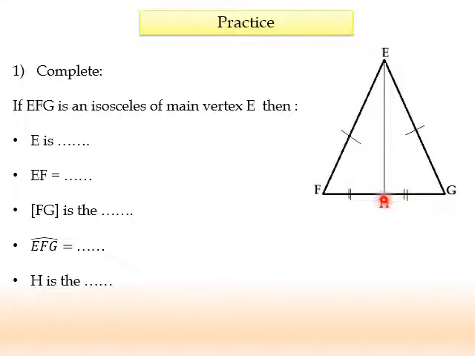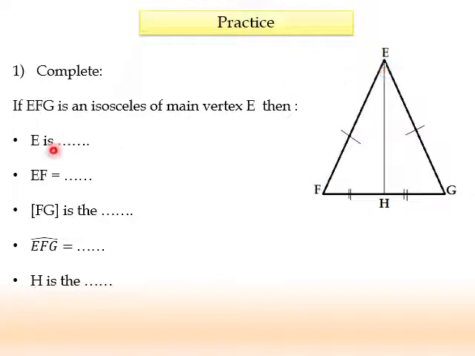It's a perpendicular passing through the midpoint of FG, so it's at the same time a perpendicular bisector. And that's why we say that in an isosceles triangle, the median, the height, the bisector, and the perpendicular bisector are overlapping. Of course, I'm talking about the median or the height issued from the main vertex of the isosceles triangle.